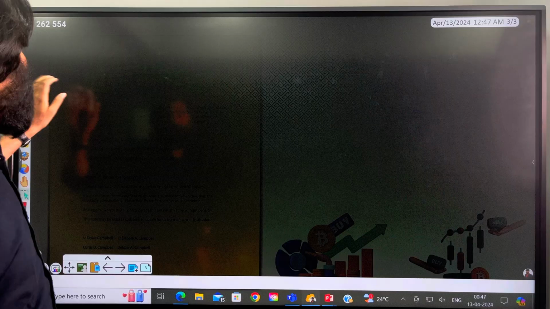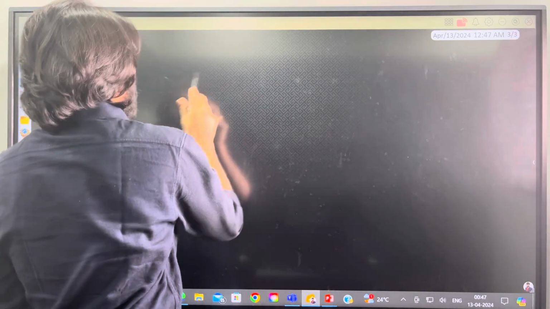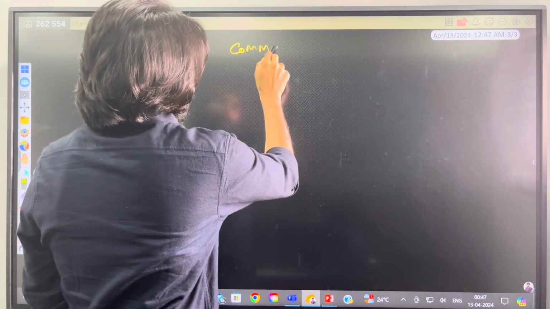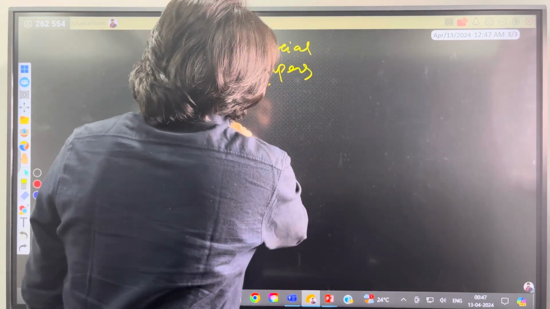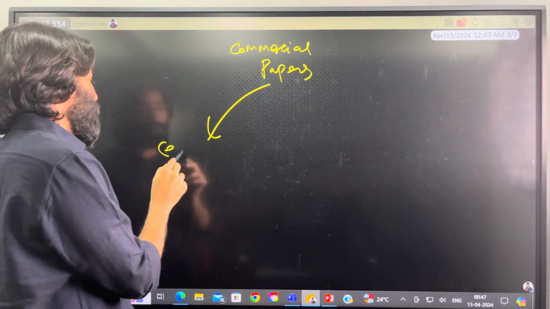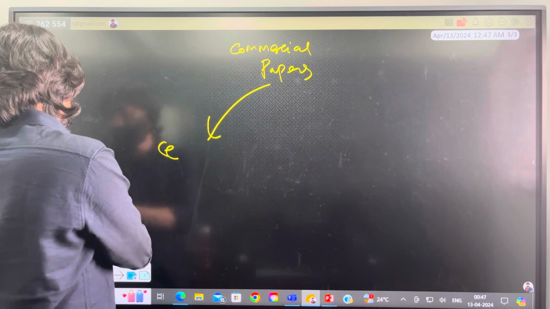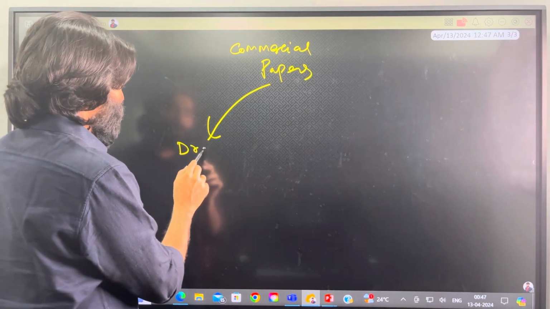All right, and apart from that, I would say the types of commercial paper, sometimes you would expect questions on them. I'll take this in detail in the next session, not now. Your check payment also comes under commercial paper. One is a draft.